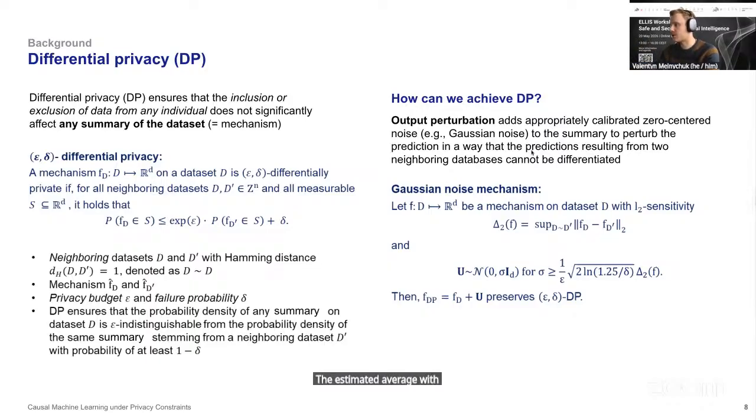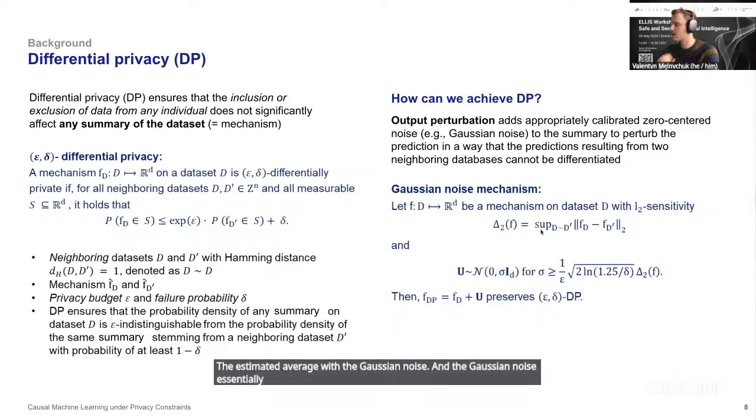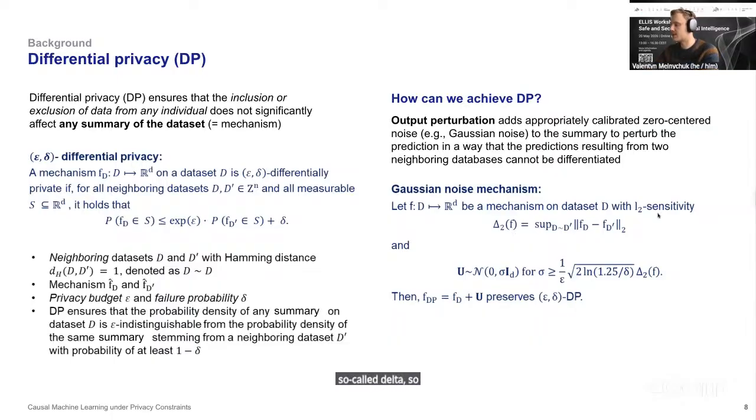The Gaussian noise considers the so-called delta, the L2 sensitivity, which says what's the worst possible difference between those two mechanisms, and adds noise proportional to that sensitivity.